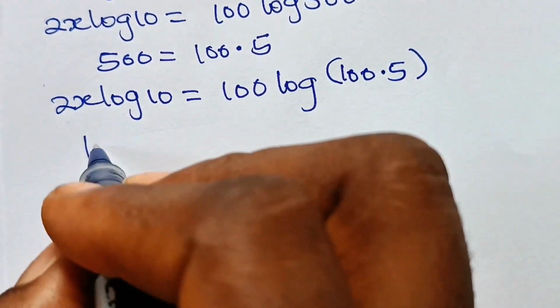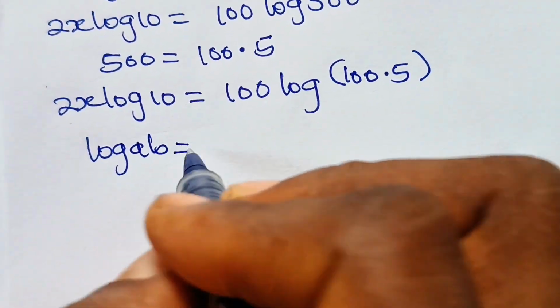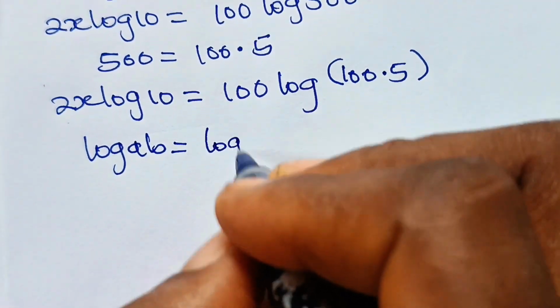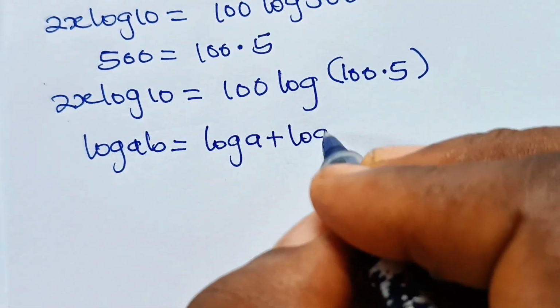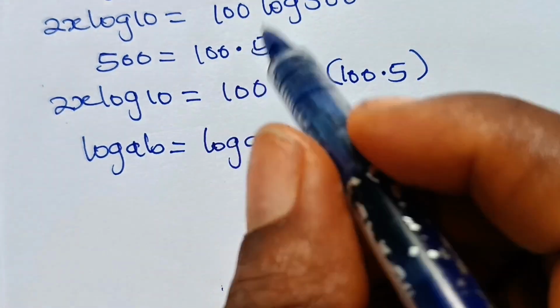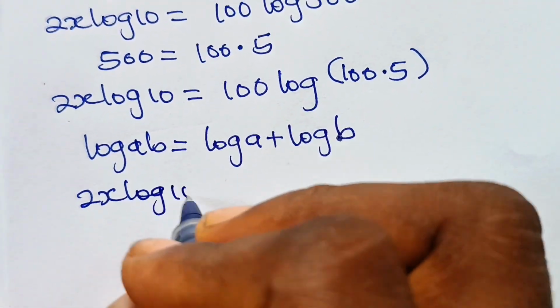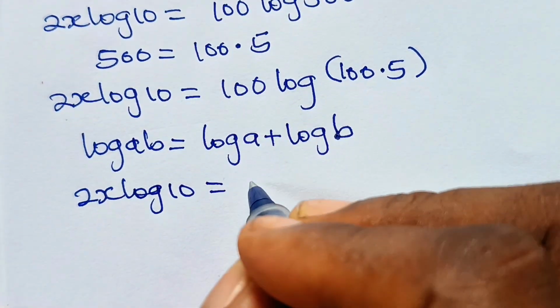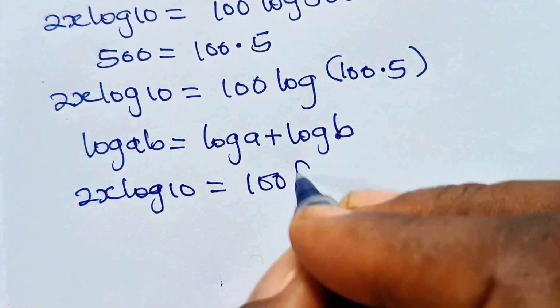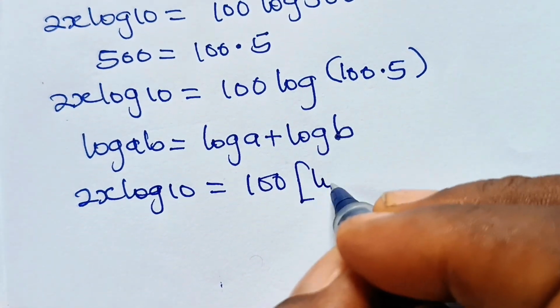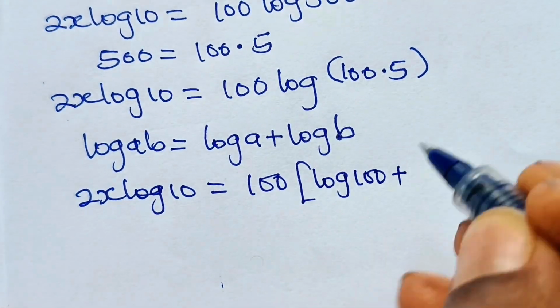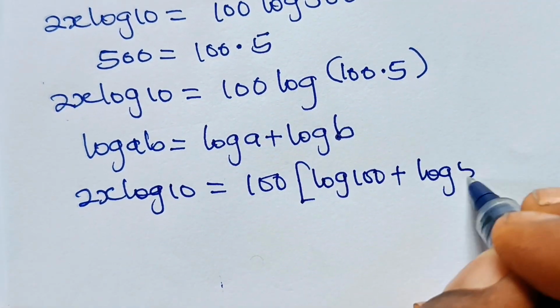Now recall that log of a multiplied by b is equal to log a plus log b. So that means that we can write this as 2x log 10 is equal to 100 into, now this will give us, log 100 plus log 5.